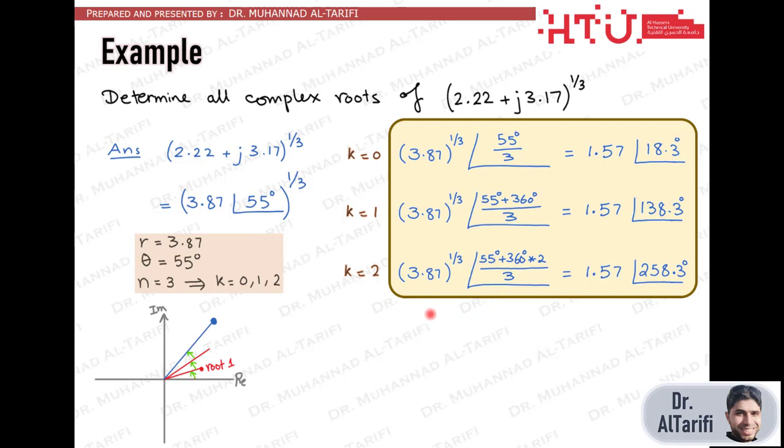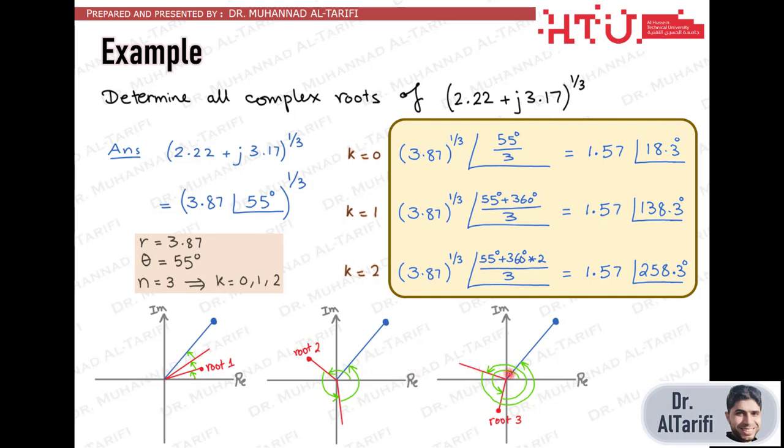Again, we can have a graphical insight by looking into the complex plane representation. For the first root, the third power will reach the blue vector 3.87 at the 55 degrees with direct addition of phases. But for the second root, the third power will reach the same blue vector, but after completing a full 360 degrees round and an extra 55 degrees.